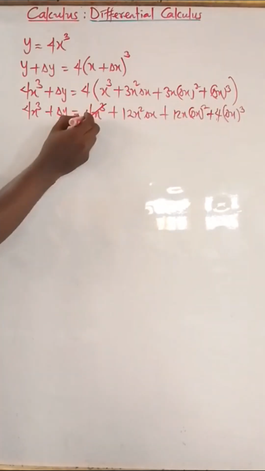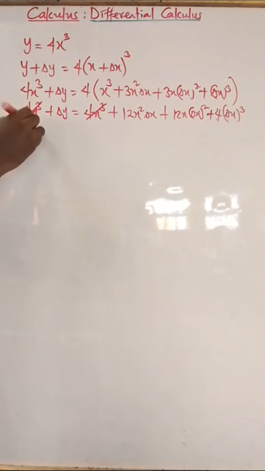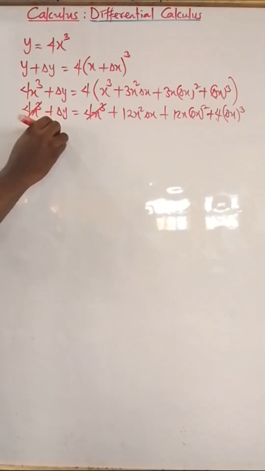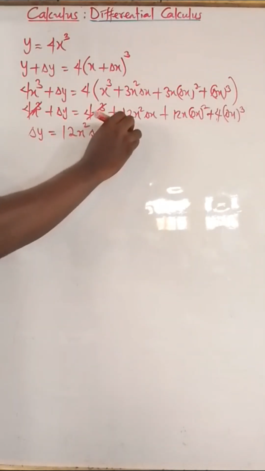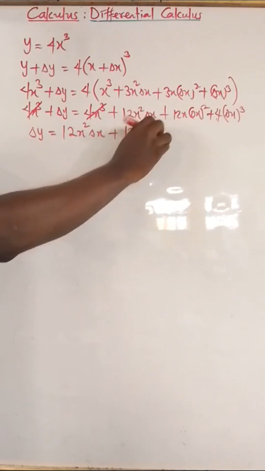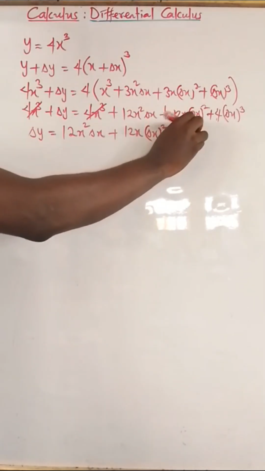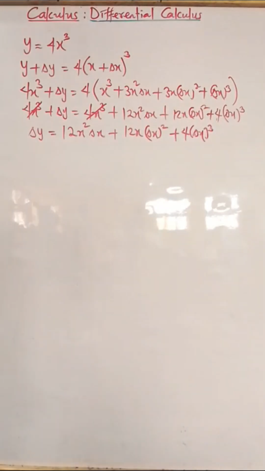4s cubed cancels 4s cubed. From here, it means change in y equals 12x squared changing x plus 12x changing x all squared plus 4 changing x all cubed. Next is to divide through by changing x, because our aim is to look for change in y to change in x.